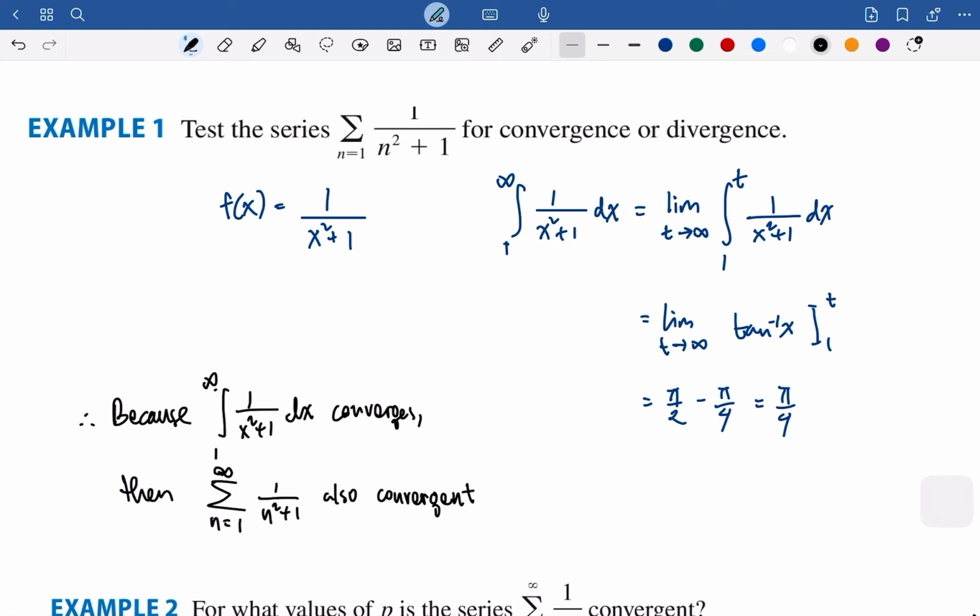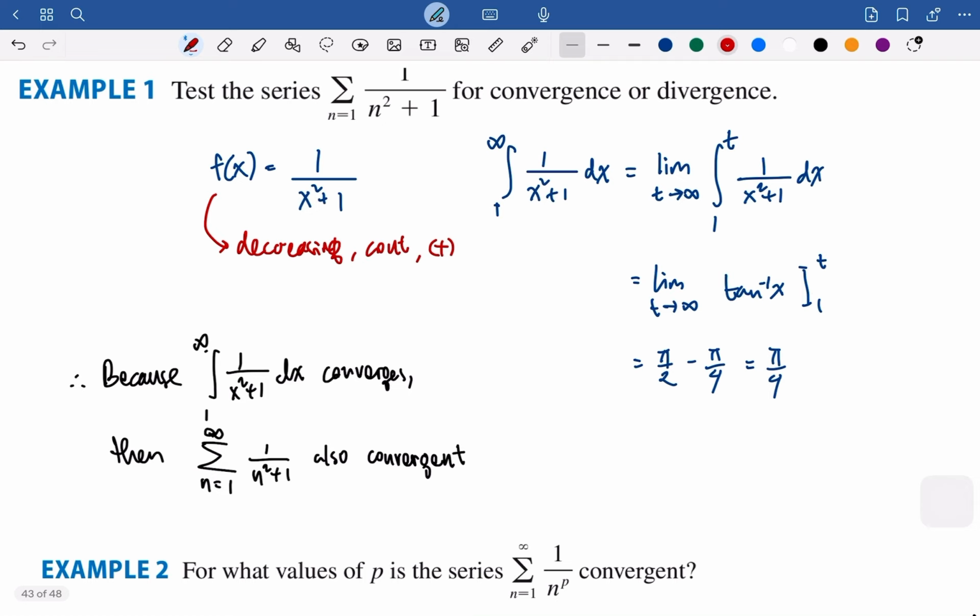Okay. So this is how we can use the integral test. First you need to check that this is a decreasing function, continuous, and positive. It means it's always on the positive side of the axis. Okay? The y value is always positive.